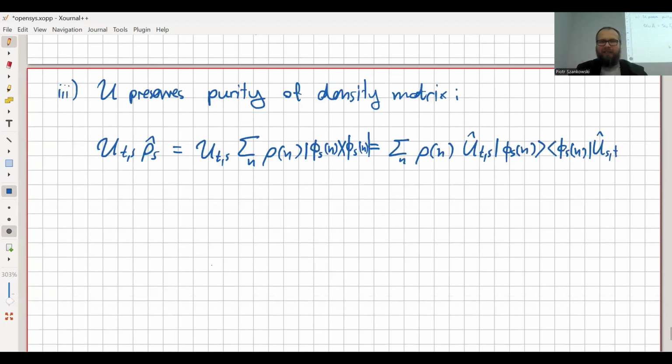Okay. So what happens here is eigenvalues don't change. It's just eigenvectors get evolved in time. So the unitary map preserves eigenvalues. It just, let's say, rotates the eigenvectors, right? It goes from eigenvectors at time S and maps them to eigenvectors at time t. So in other words, if you have a pure state, it will remain pure.